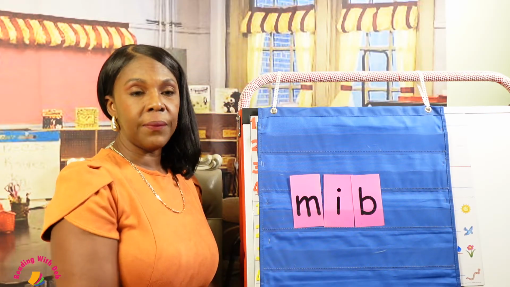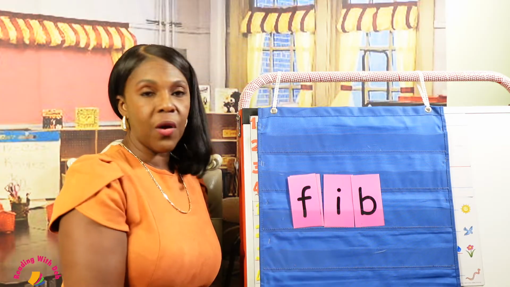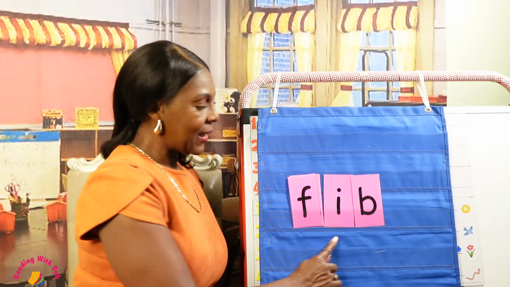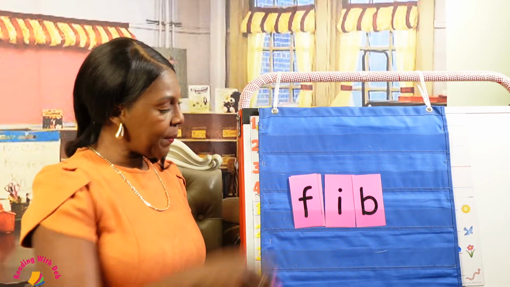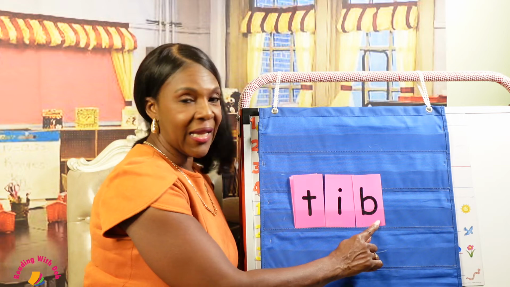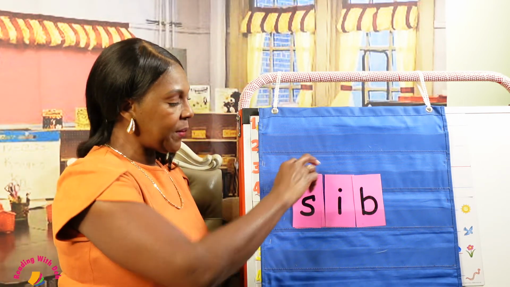Ib. What's the word? Mib. If that's mib, then this must be what? Ib, fib. If that is fib, then this must be what? Ib, tib.